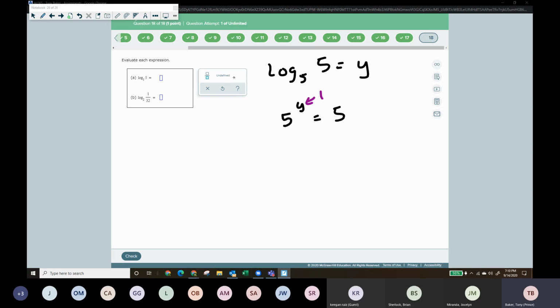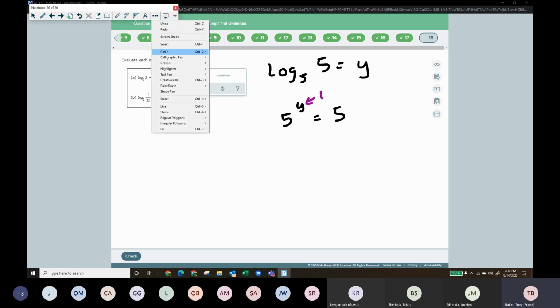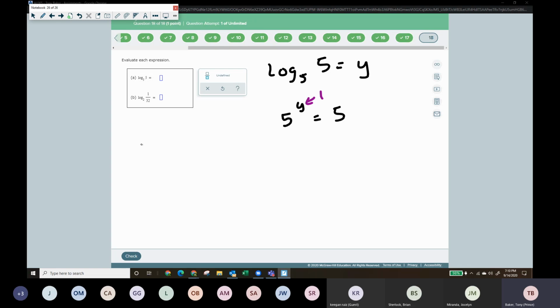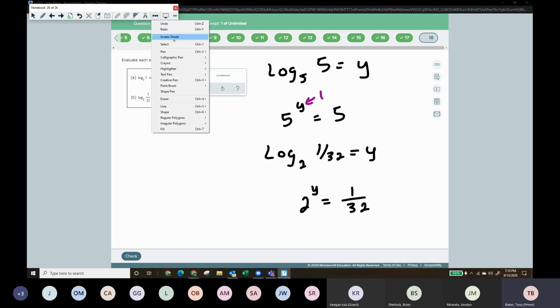This one's just obvious to see. Same thing in the next one. If we look at log base 2 of 1 over 32 equals y, that might not be easy to figure out. But 2 to the y power equals 1 over 32 is a little easier to figure out. Maybe not as obvious as the first one, but definitely a little easier.